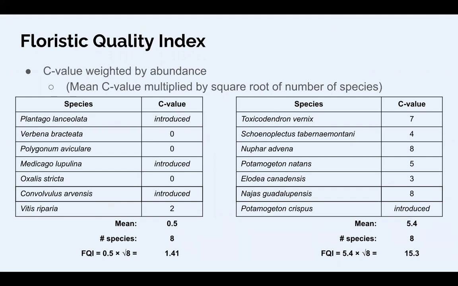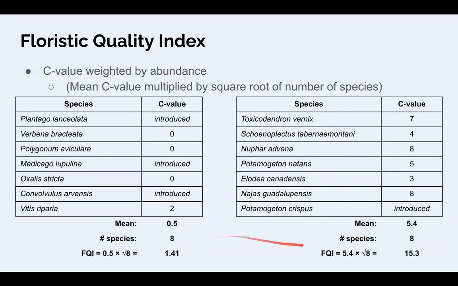So it's sort of a diversity times kind of quality measurement. So I have 2 lists here and they have the same number of species, but you might encounter different numbers of species. Again, these pristine habitats, we kind of expect them to have more species, greater diversity, and that might favor larger values on the floristic quality index in something that's more of a pristine habitat.